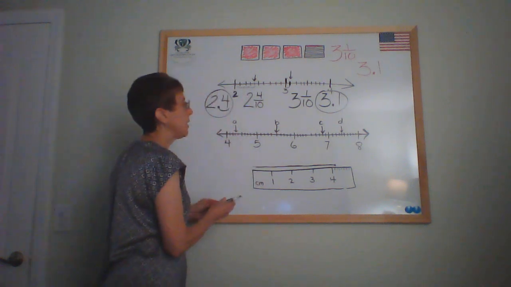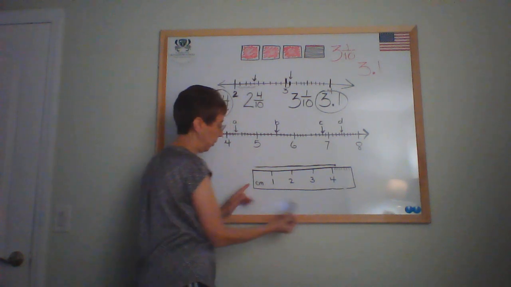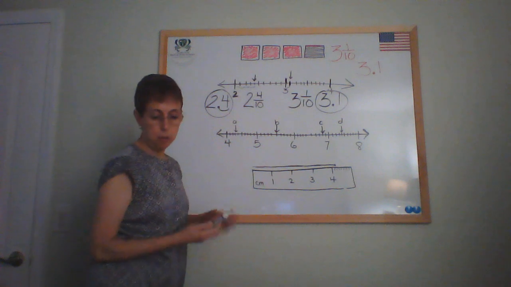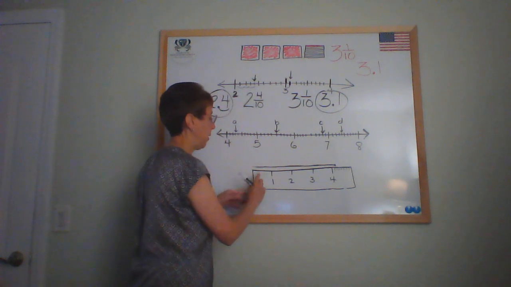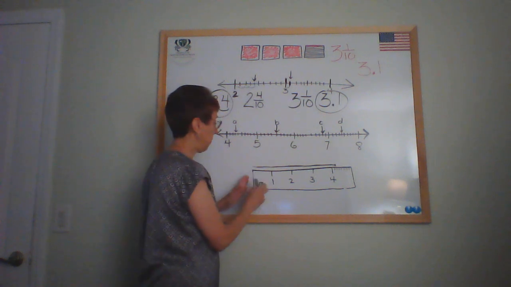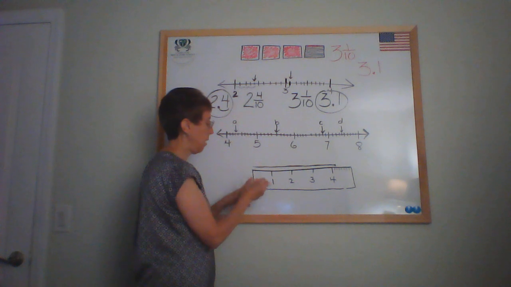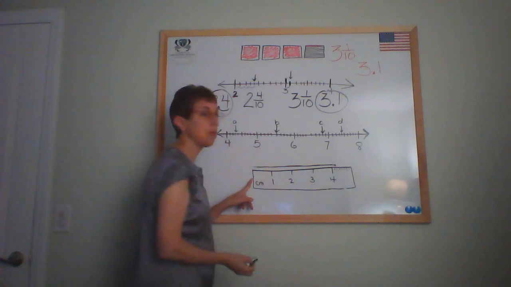So we're doing the same thing as we did here on the number line, but now we're looking at a ruler. Again, they're telling us this is a centimeter ruler. Remember that your centimeters are about the width of your finger, and this line here would indicate the 0, and then this would be 1 centimeter, 2, 3, 4, and then past 4.